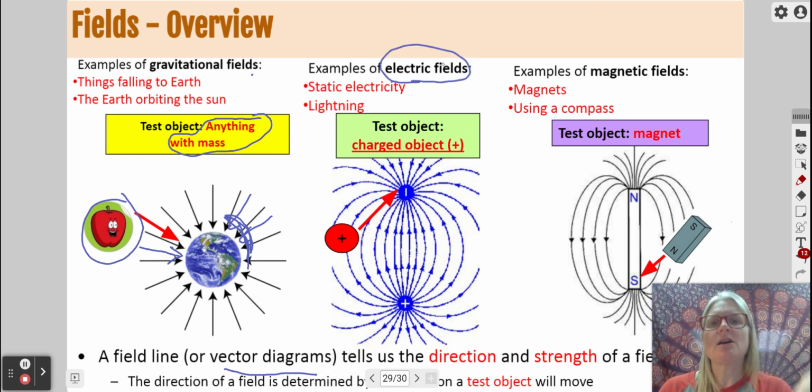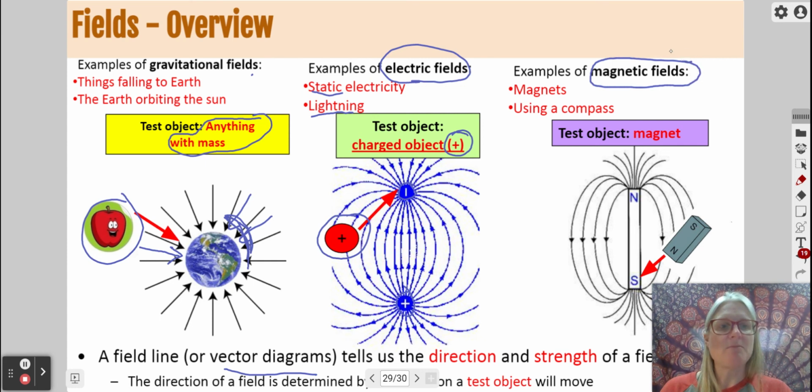Electric fields are created by anything that has a charge, and we use a positive test charge like this to figure out which way our electric field lines are going to be. Some examples of electric fields are static electricity and lightning. Magnetic fields are created by magnets, and they have two ends, north and south.